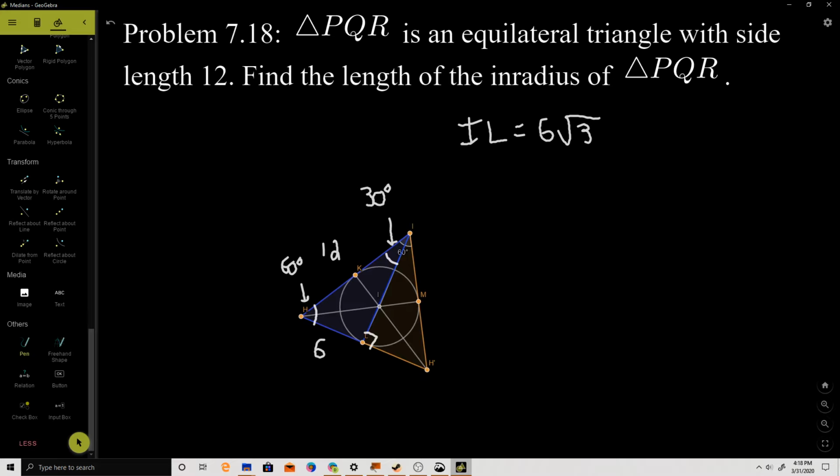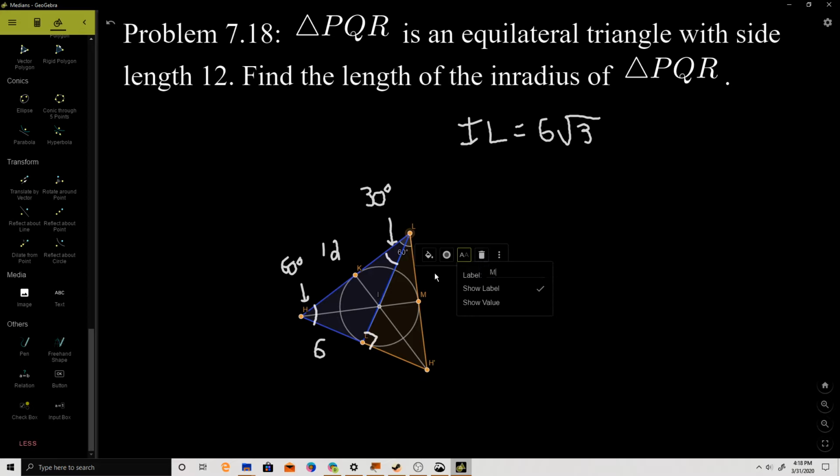Well, that gives me the entire distance, but I just want... oh, that's so confusing. Alright. This is L, and the center is I. Okay? Well, actually that looks ugly too. I can just change this to capital L. There we go. Alright, I'm confusing myself a lot right now.